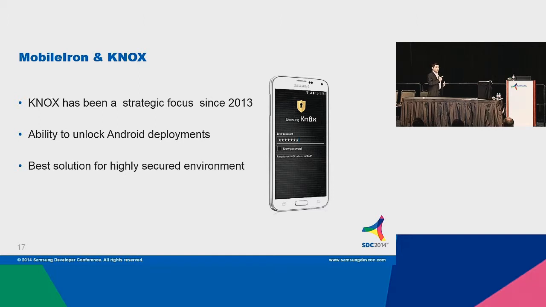So when we saw that, we realized that there was a huge potential for KNOX to unlock Android deployment in the enterprise space, especially in highly regulated industries, like government or financial services. That's why, as early as 2013, we put a KNOX SKU, a KNOX workspace or KNOX container, in our product portfolio.